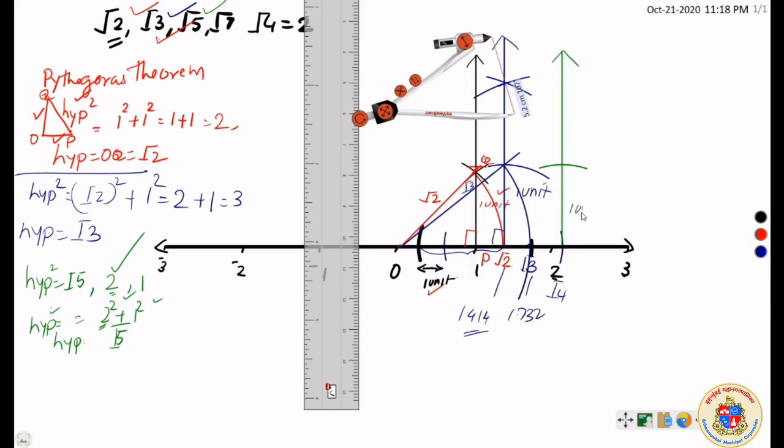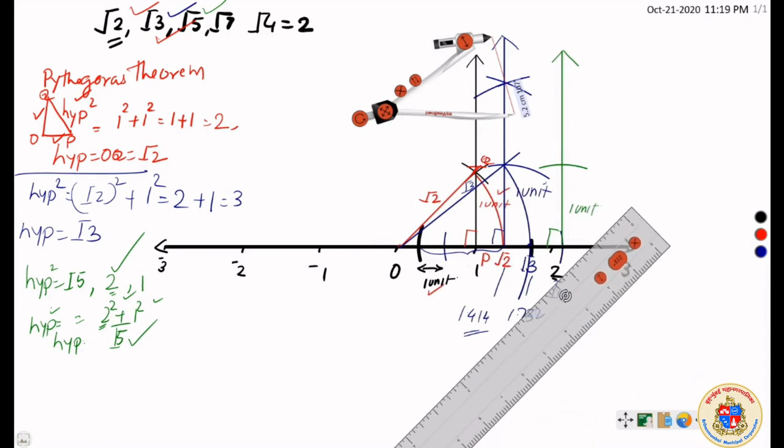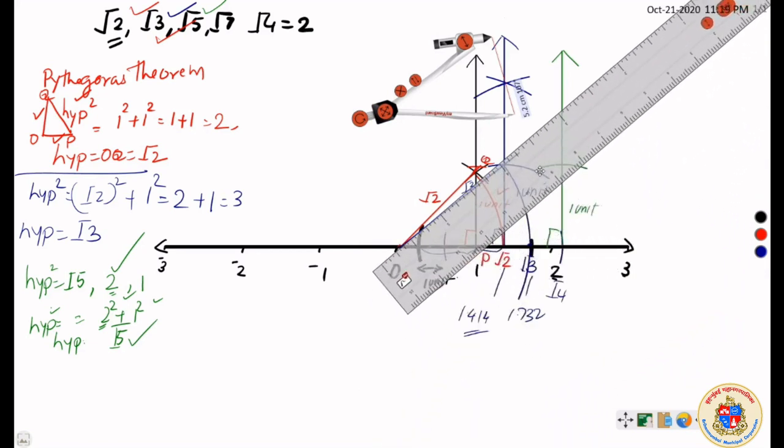Again, this is 1 unit like before. If you make a triangle here, considering this as a right angle, the hypotenuse will have root 5 as its length. Root 5 unit. So let me draw the hypotenuse of the newly formed right angle triangle.